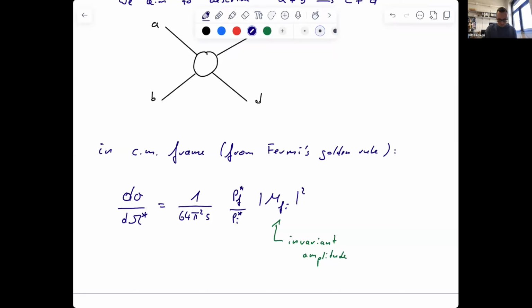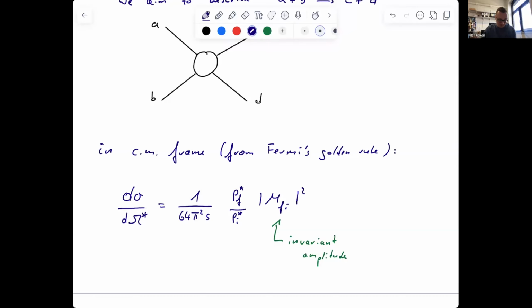For the purpose of this lecture, we will assume we cannot calculate this invariant amplitude from first principles. If this was QED, we'd just go ahead, calculate Feynman diagrams and obtain this matrix element. But in general, if we're discussing hadron physics, that's not an option that we have.